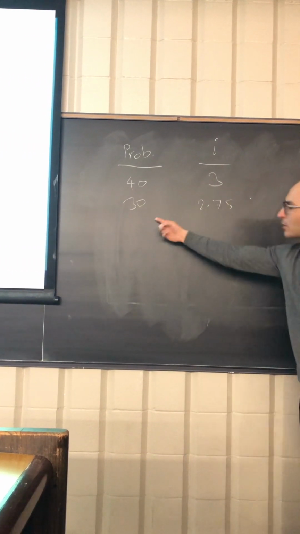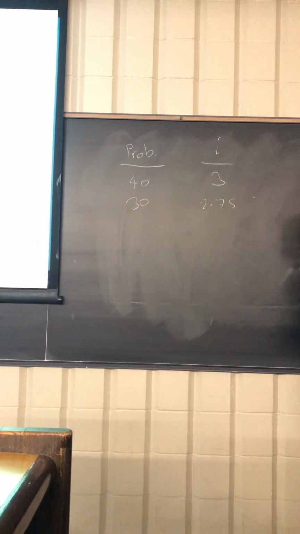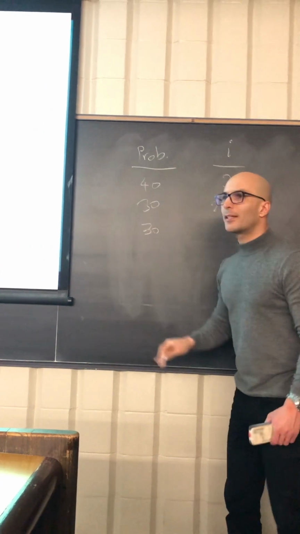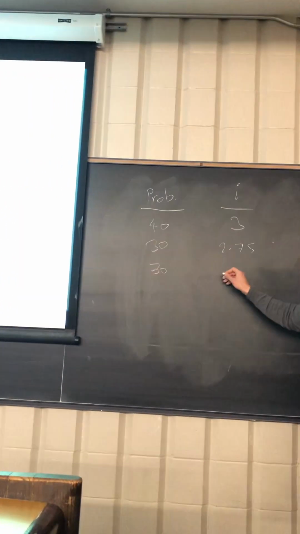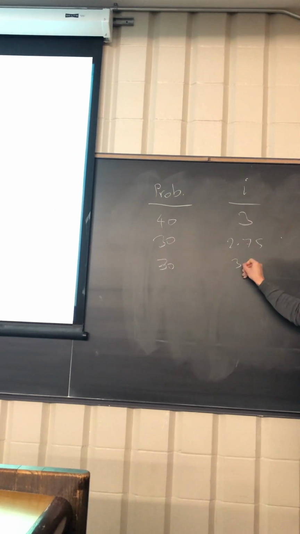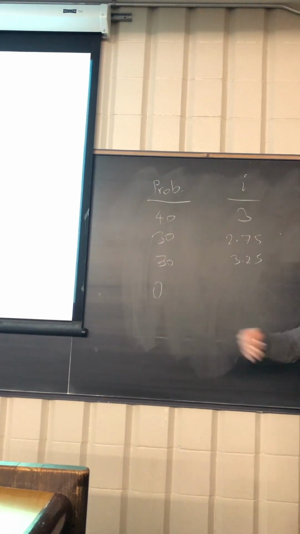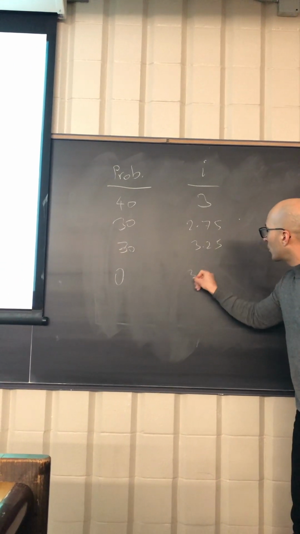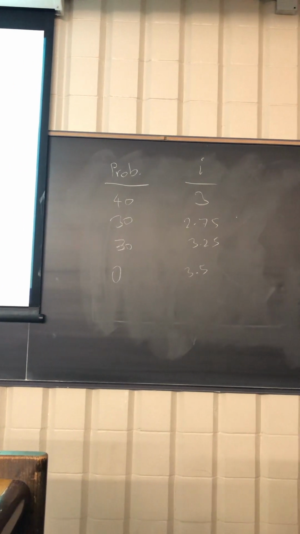So with 30% probability, we are thinking that it's going to become 2.75. Suppose with another 30% probability, you're thinking that they're not going to change the interest rate. No cut, and so it stays the same at 3.25. And with 0 probability, they're going to increase the interest rate, and so say 3.5.